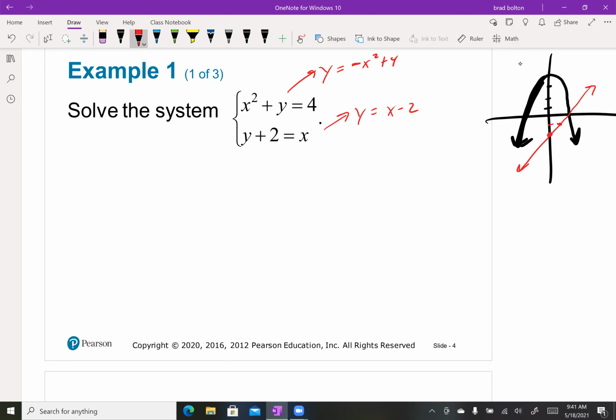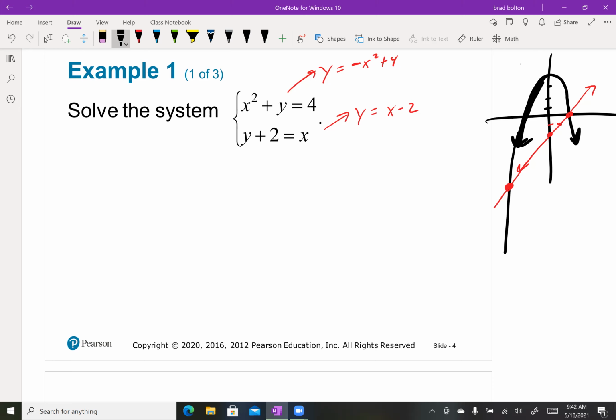So it appears there's an intersection here. But remember, parabolas and lines go on forever, right? So there's another intersection that happens way down here somewhere that I didn't draw, right? And then the line goes through here. So there's another intersection right there. So we're pretty sure there's going to be two intersections with this particular solution.